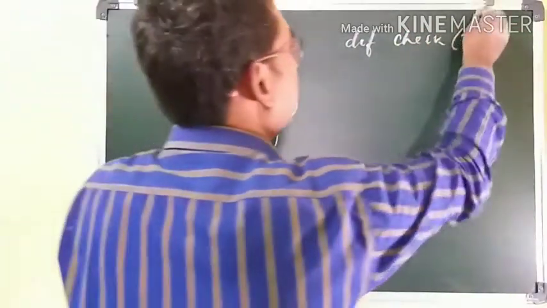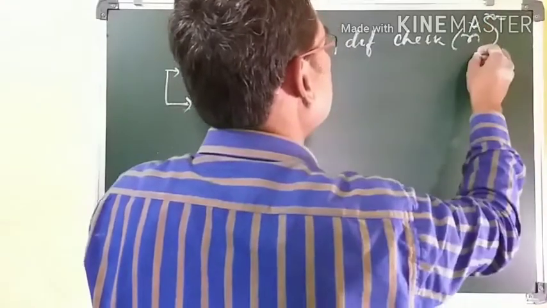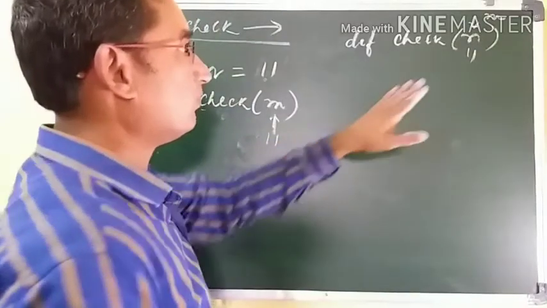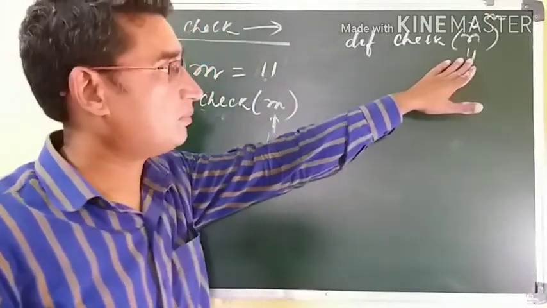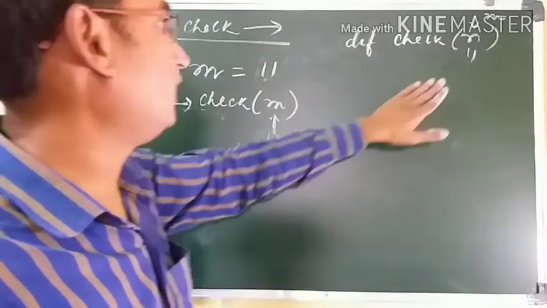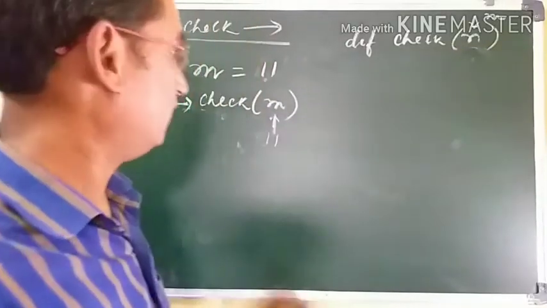This m will be copied into n, means the value of n will become 11. Now this function will check whether this number is a prime number or not. If it is a prime number, it will display it is a prime number. Otherwise, it will display it is not a prime number.